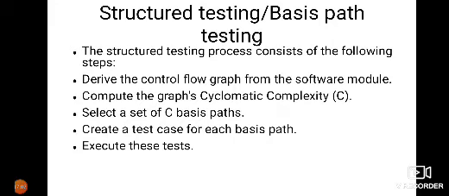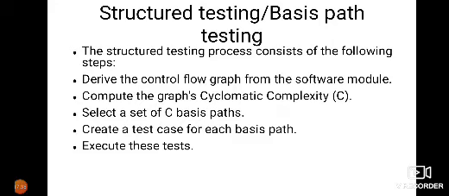It has 3 formulas basically to compute this particular metric, cyclomatic complexity. Then select C basic paths, create a test case for each basic path, and then execute the tests. As in control flow testing, the objective is to convert the code to a flow graph, then identify the execution paths, then write separate test cases to test each execution path.